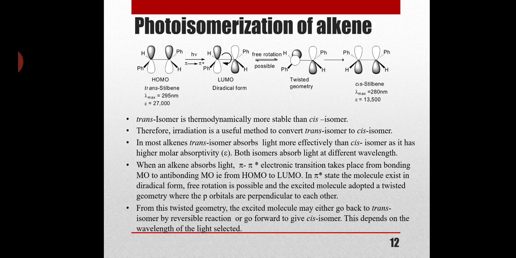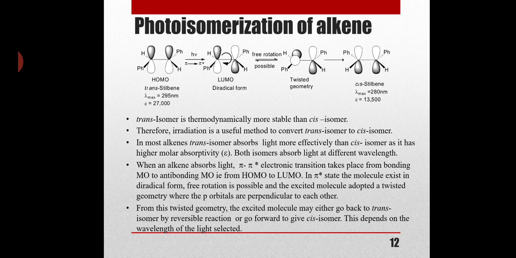Now look at the scheme above. When a trans isomer absorbs light, a pi-pi star transition takes place from bonding molecular orbital to antibonding molecular orbital, that is from HOMO to LUMO. In the pi star state, the molecule exists in diradical form, bond order decreases, free rotation around the bond is possible, and the excited molecule adopts a twisted geometry where the p orbitals are perpendicular to each other.